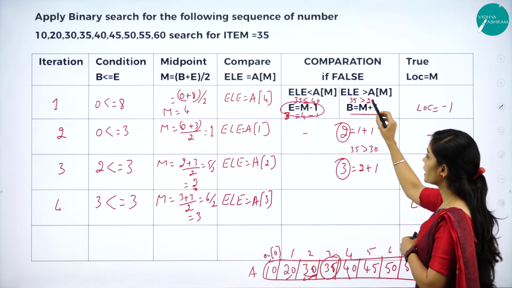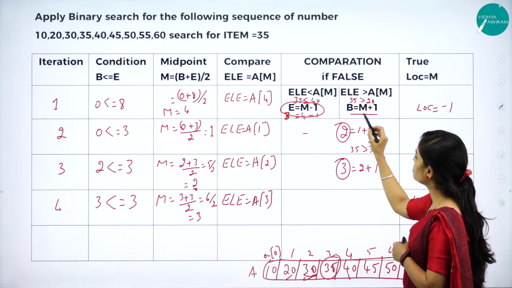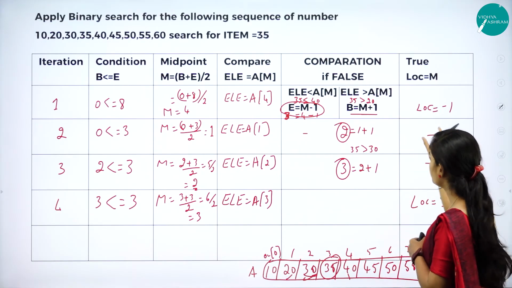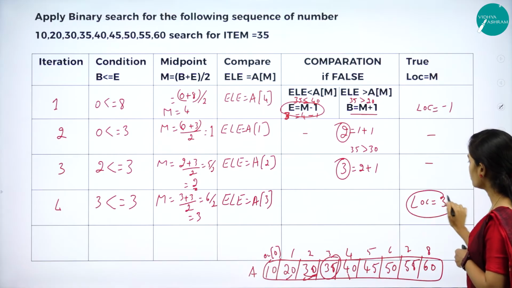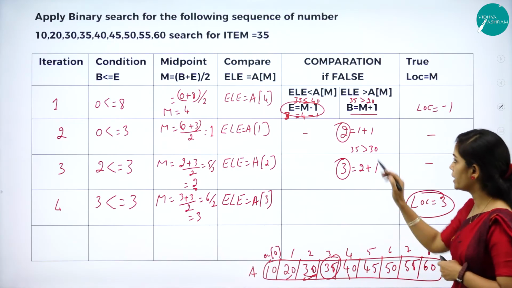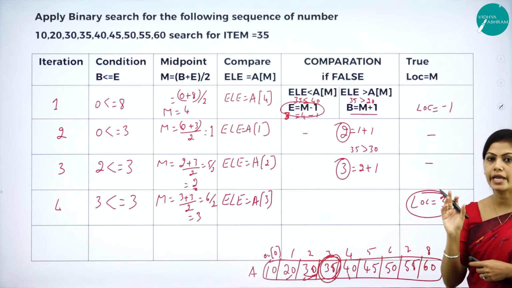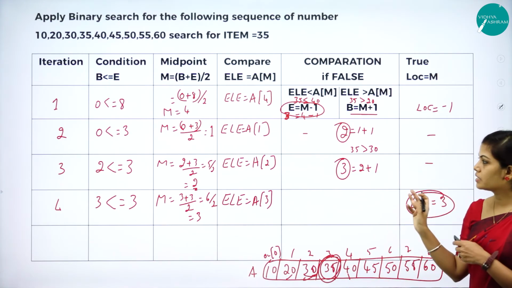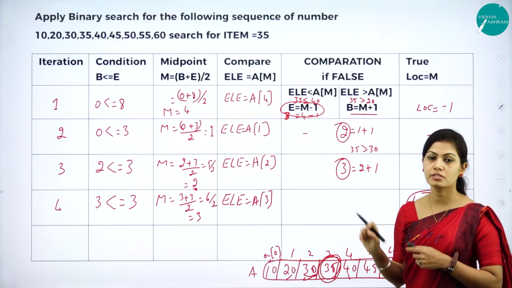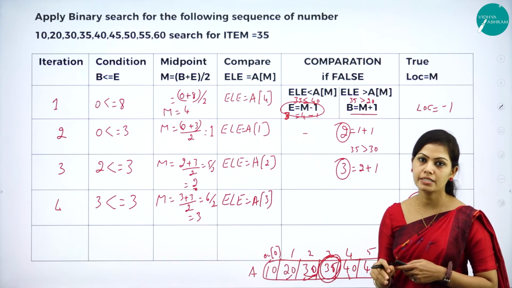If your element is greater than A of M, you can use B is equal to M plus 1 and you can find the location of the given array. So item is equal to 35. In location 3, we have an item called 35. This is called binary search.